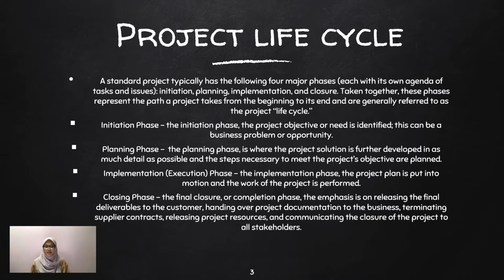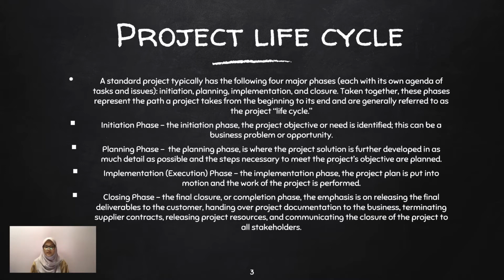The standard project typically follows four major phases, each with its own agenda of tasks and issues: initiation, planning, implementation, and closure. Taken together, these phases represent the path a project takes from beginning to end, and are generally referred to as the project life cycle.